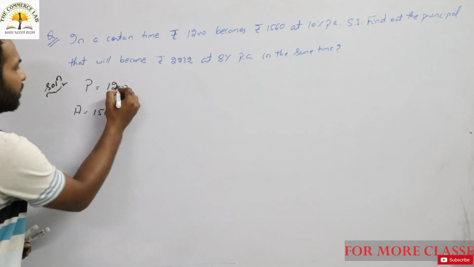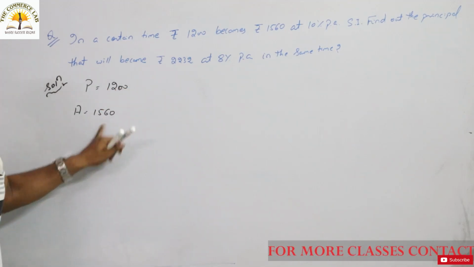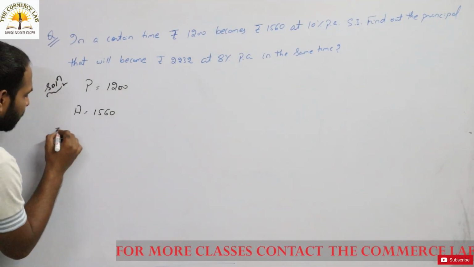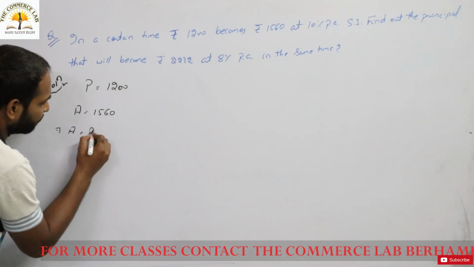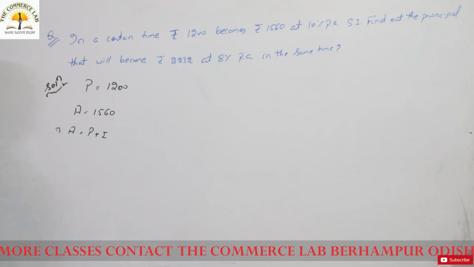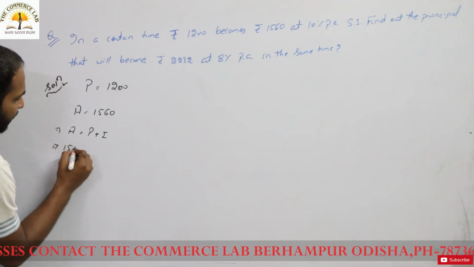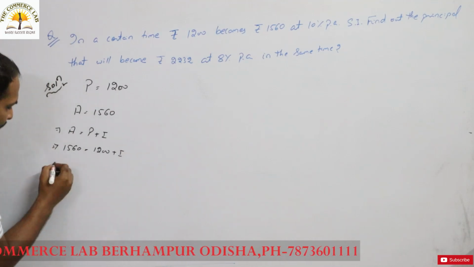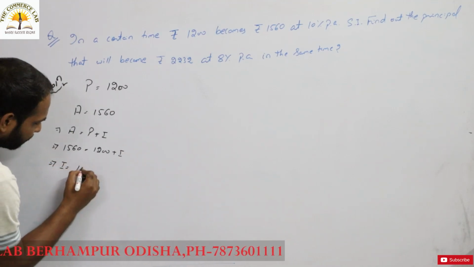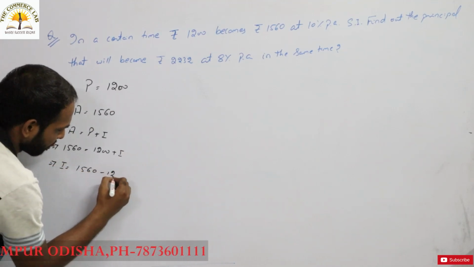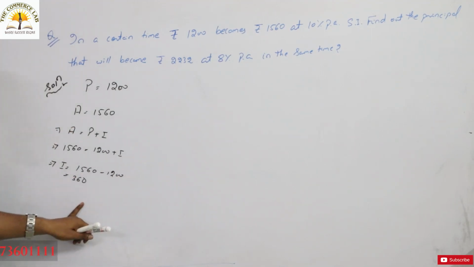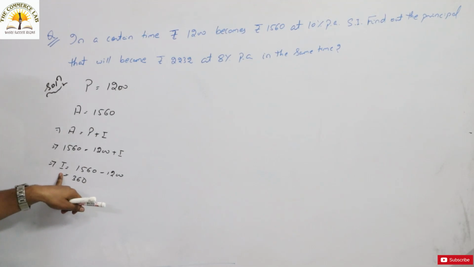So from this one, we already know A equal to P plus I. This implies 1560 equal to 1200 plus I. This implies I equal to 360. So I is known as interest.